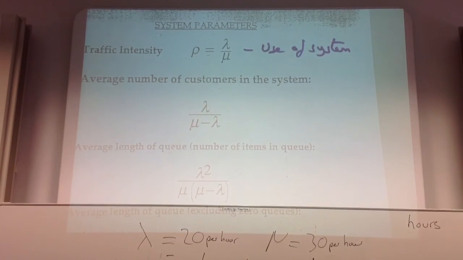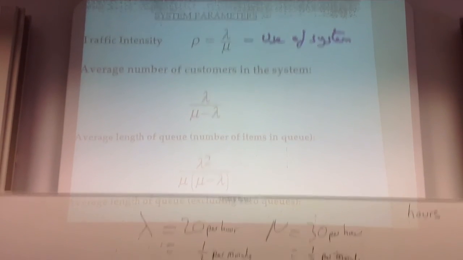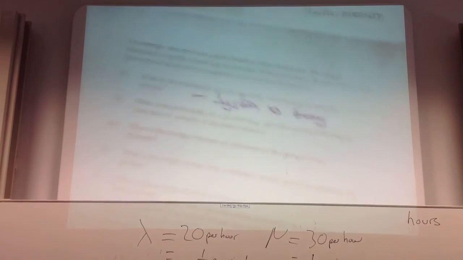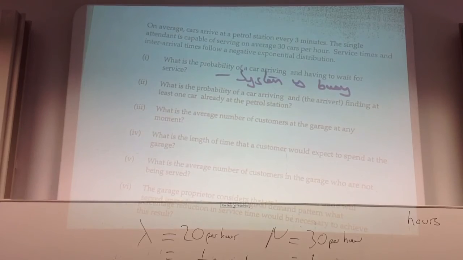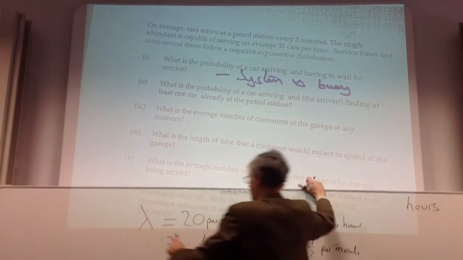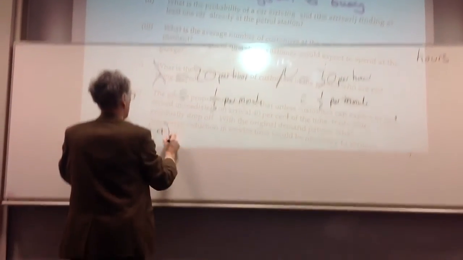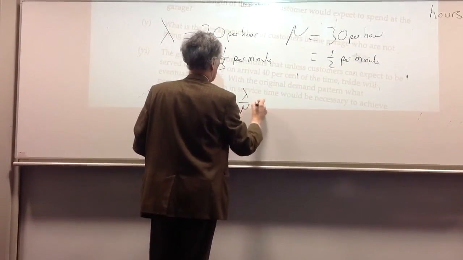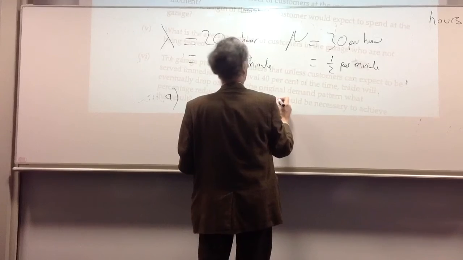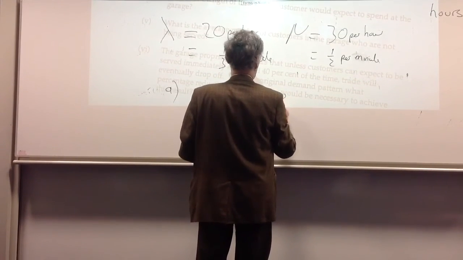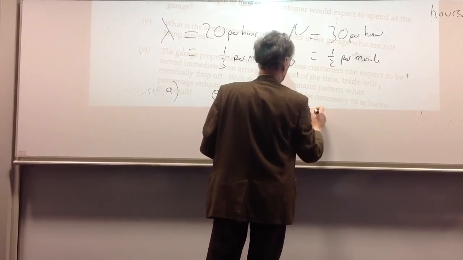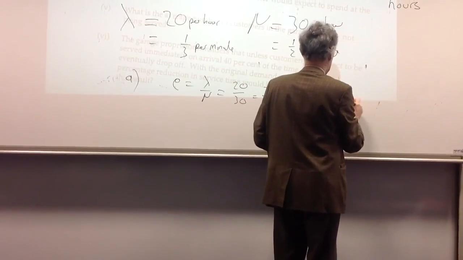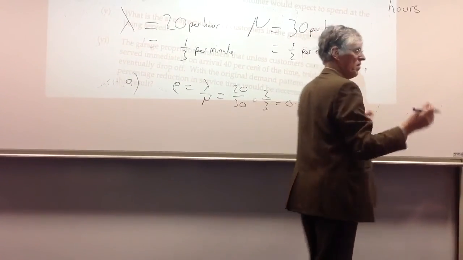So for part one of that question, the answer is going to be rho, which is lambda over mu, equals 20 over 30 equals 2/3 or 0.667, or 67%.